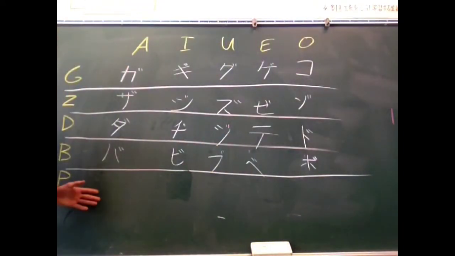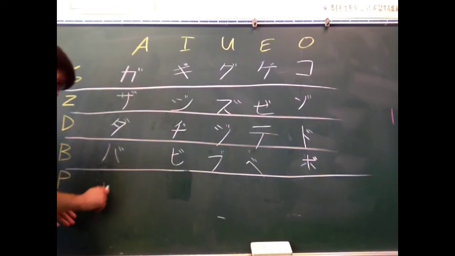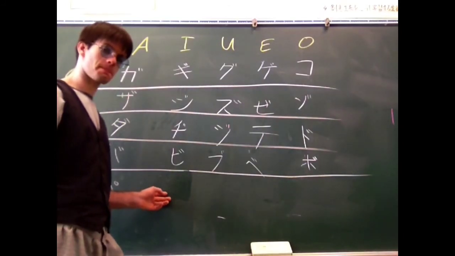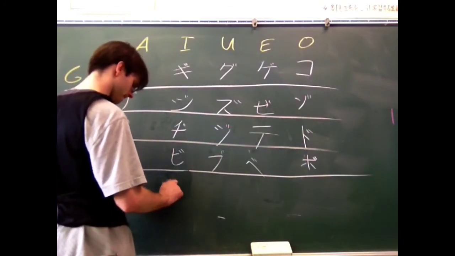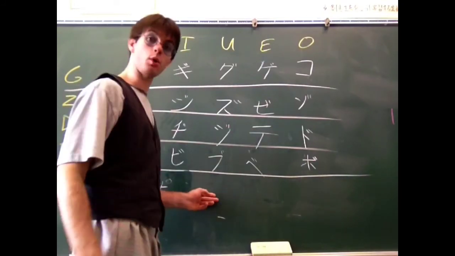Next up, pa. Not going to be very different from this row. P. We're going to avoid this area here because it's crap. Poo.